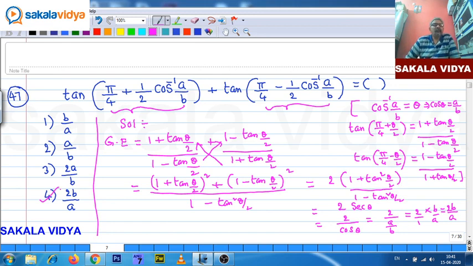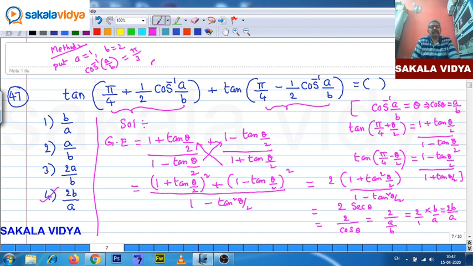Otherwise, you can do one shortcut also, method 2. Put A equal to 1 and B equal to 2. Now cos inverse A by B becomes cos inverse 1 by 2, which is 60 degrees, pi by 3.